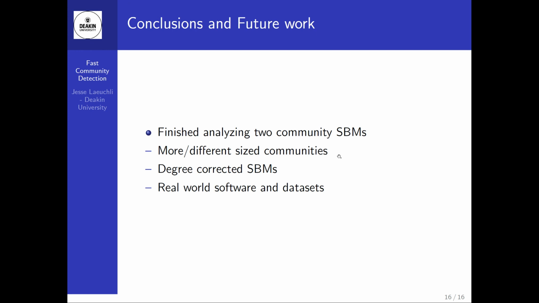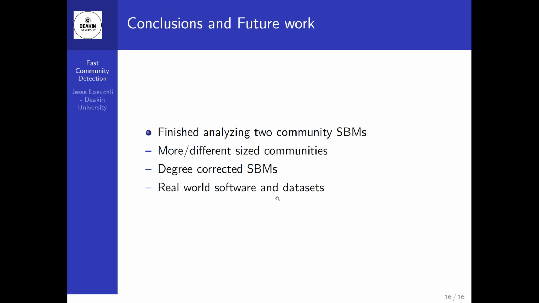All right, so that's the general overview. We've basically analyzed two-community stochastic block models, and our results are pretty strong for that. We'd like to move on to more heterogeneous, multi-sized communities. We'd like to look at stronger models, and at more real-world data sets and implementations.